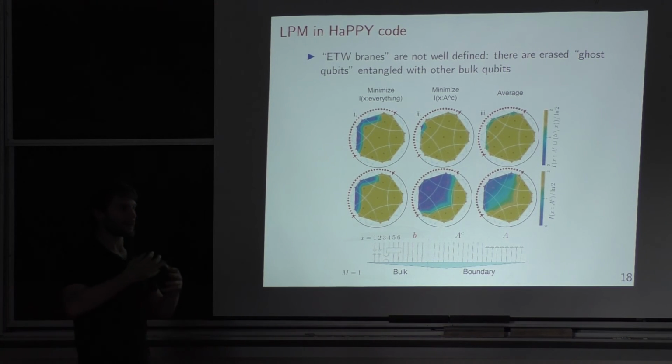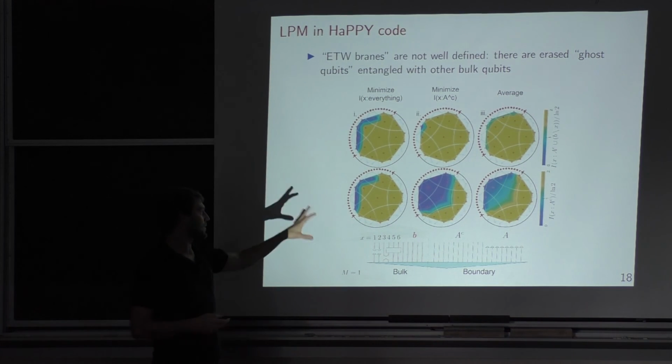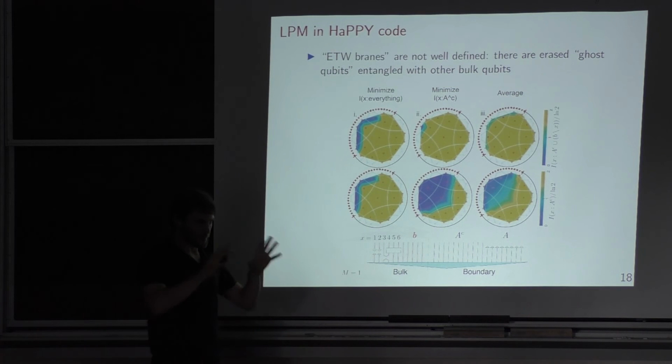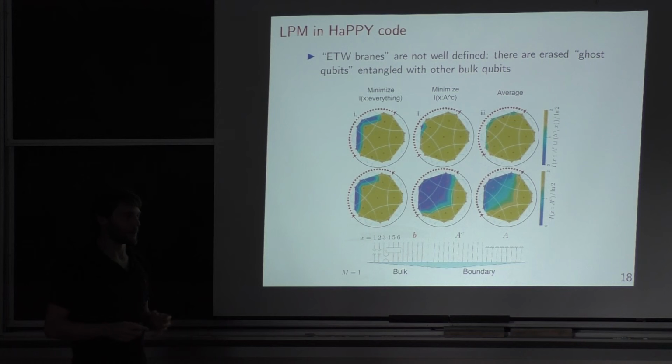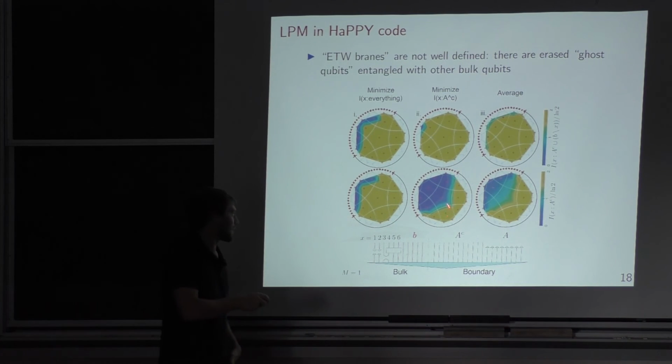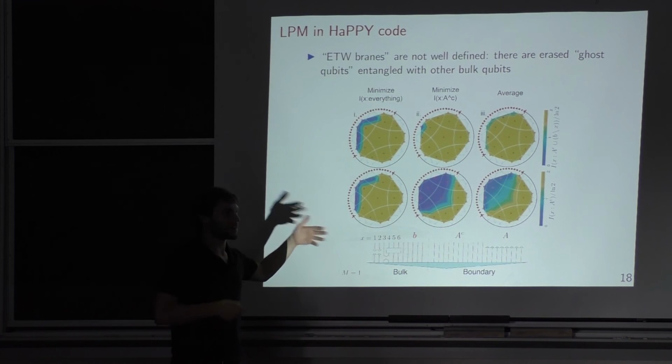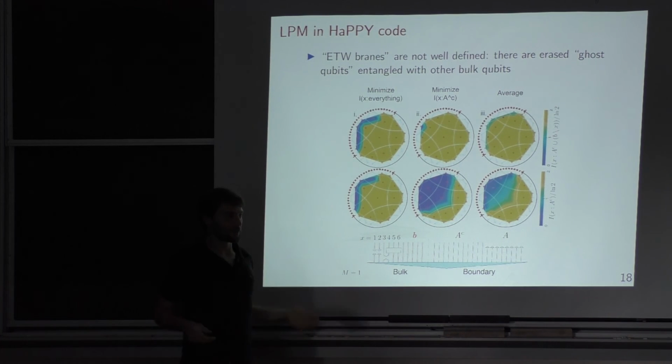We have a picture where this map becomes non-isometric, because you have a whole bunch of states in the bulk and you cannot represent them all on the boundary, because, for example, this specific state of the bulk qubits has a lot of zero modes. All these bulk qubits cannot be represented on the boundary, but nonetheless they're there and they are not disentangled from the rest of the bulk.